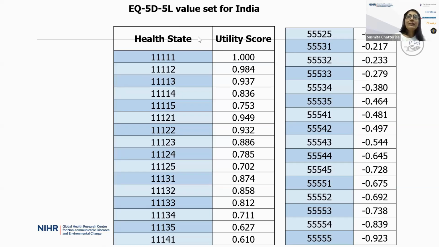Good. I got a response for utility score. Okay. If you have any question, feel free to ask, please. So, yeah, those who have answered the utility score, tell me how many QALYs are associated with this health state.